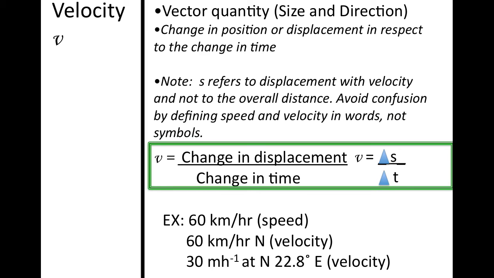Velocity, denoted by the italic lowercase v, is a vector quantity. Pretty much the definition is that it's the change in position, or displacement, with respect to the change in time. The equation is right here, and note that the s refers to displacement, not the overall distance.